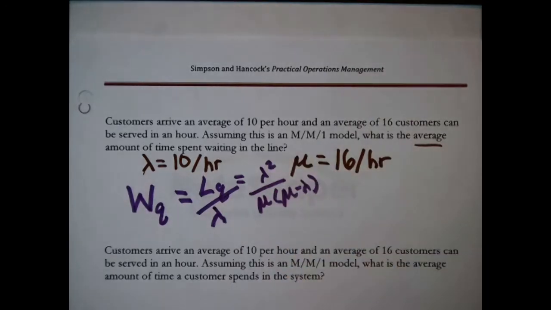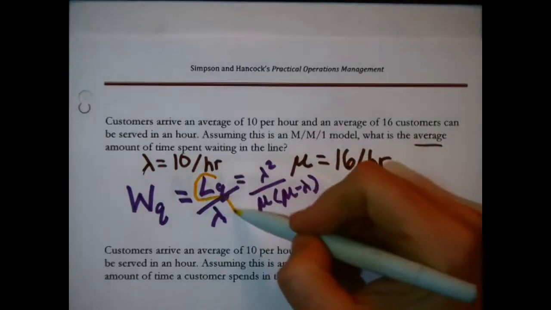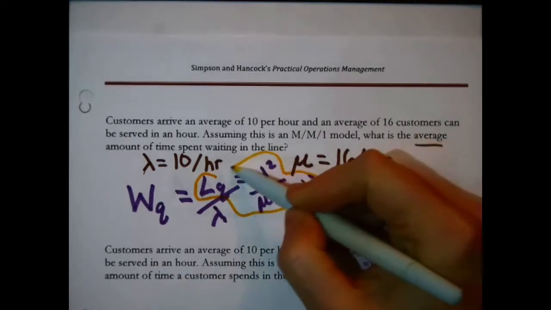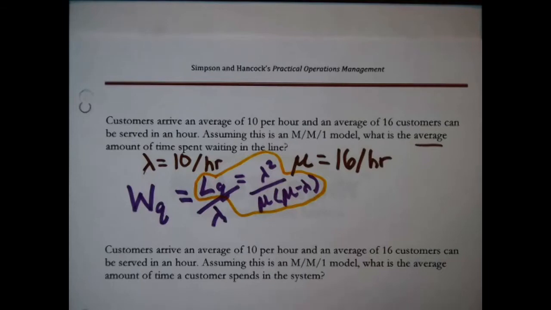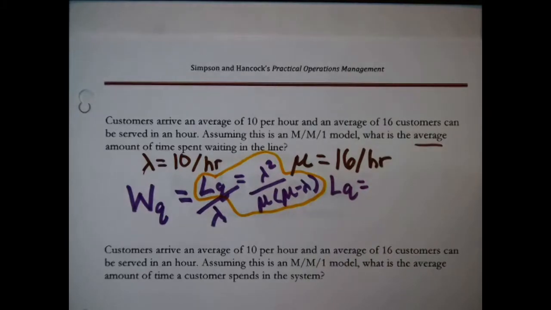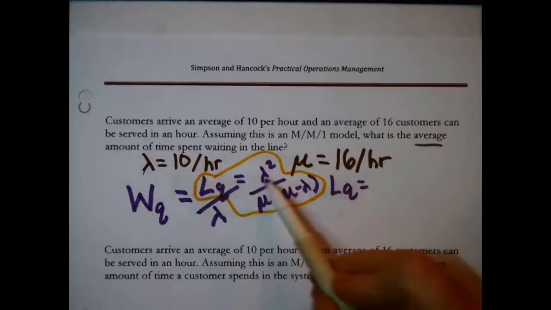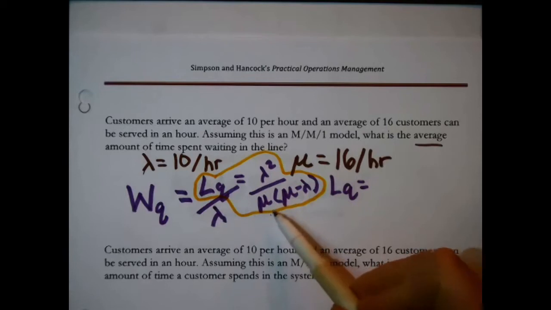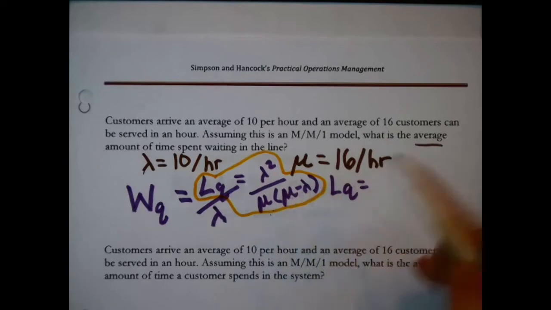So you would have to back up, find that formula for LQ, and calculate it first. Now, I've done that. LQ for this particular problem, 10 squared divided by 16 times 16 minus 10, is 1.04 some odd, basically.